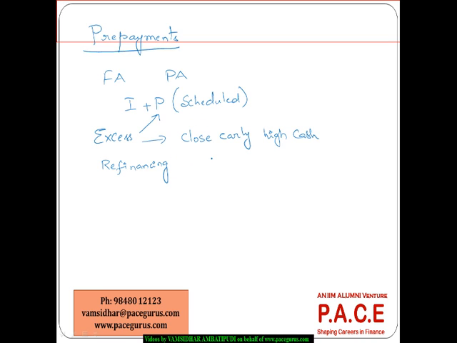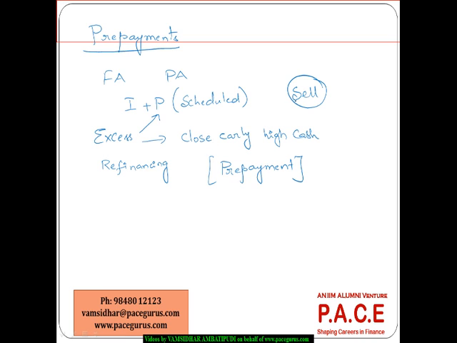In these kind of cases where they are repaying the principal faster than the schedule, that is what we consider a prepayment. Any repayment of the principal faster than the scheduled is what we are calling the prepayment. So it can happen when the person wants to sell his house.